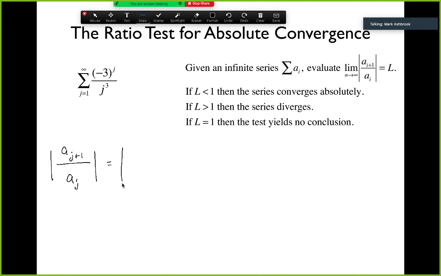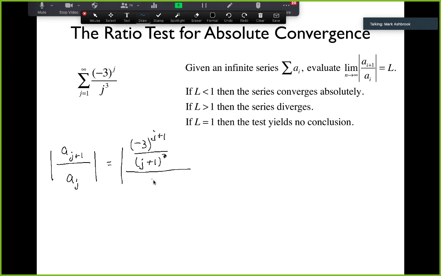Okay, so what is a_{j+1}? Well, that would be negative 3 to the j plus 1 over j plus 1 cubed. That's the j plus first term over the jth term, which is just this.